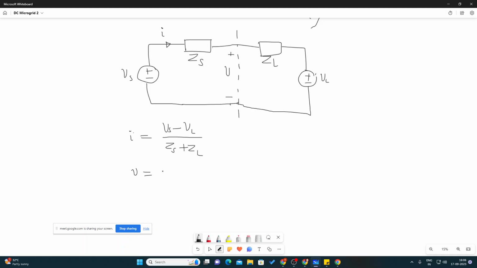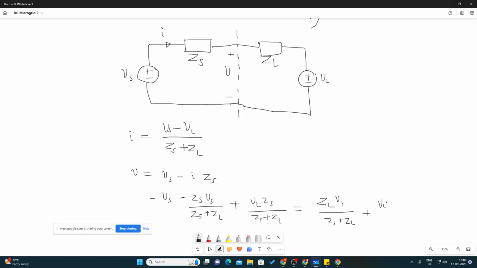Now V will be equal to Vs minus I Zs, which equals Vs minus Zs Vs by (Zs plus ZL) plus VL Zs by (Zs plus ZL), which can be written as ZL Vs by (Zs plus ZL) plus VL Zs by (Zs plus ZL).